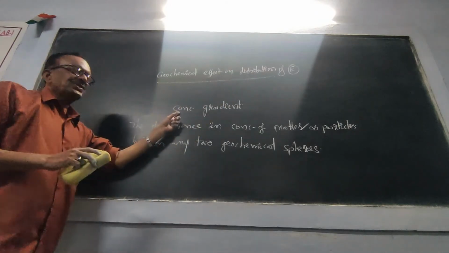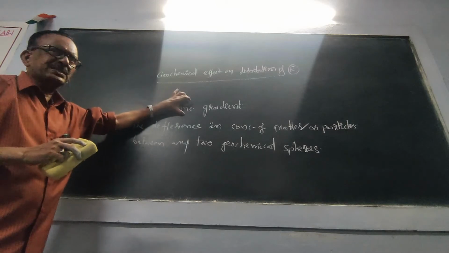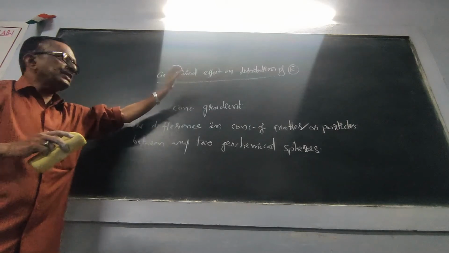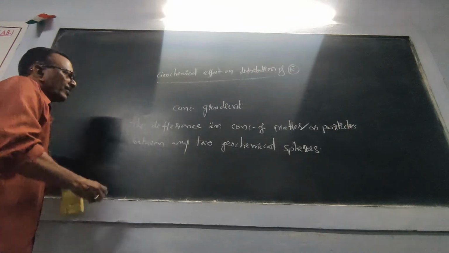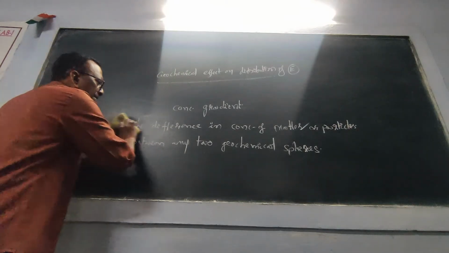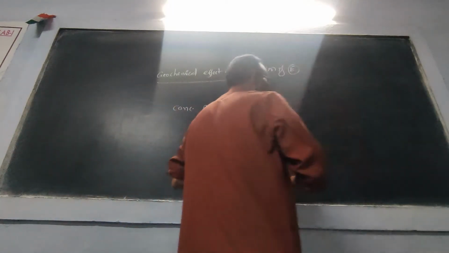So concentration gradient is one of the prominent factors that is influencing this distribution of elements in the Earth's crust. And what are the other factors that influence this distribution of elements?